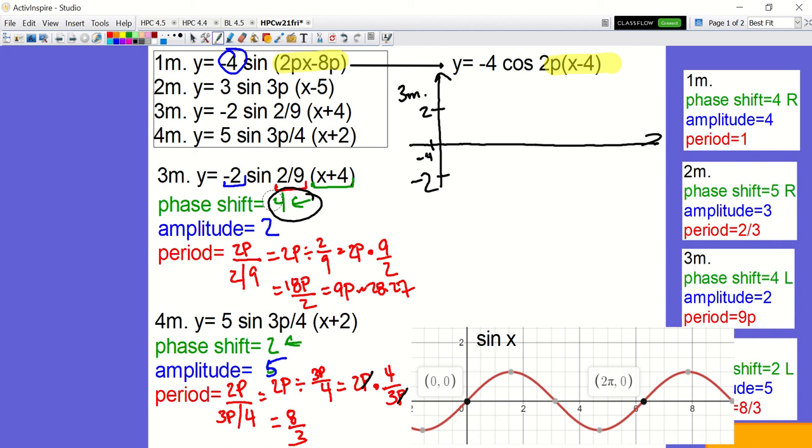The minus 4 is related to this here. If this said 3 to the left, this would be minus 3. If this said 3 to the right, you would start at positive 3.